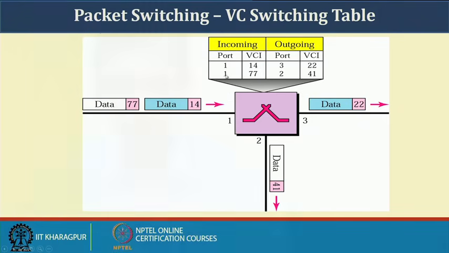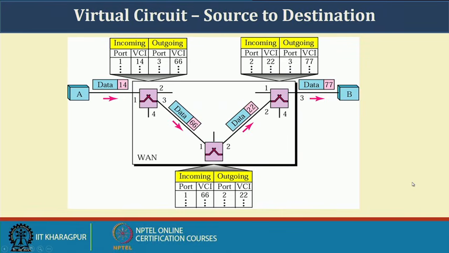So, from port 1 with VCI 77, it will go to port 2 with VCI 14. Now, if I have a larger scenario, then I can have some paths to communicate, right. Here, the packet with VCI 66 at port 3 is established at port 1, and then it will be pushed to port 2 with VCI 22.